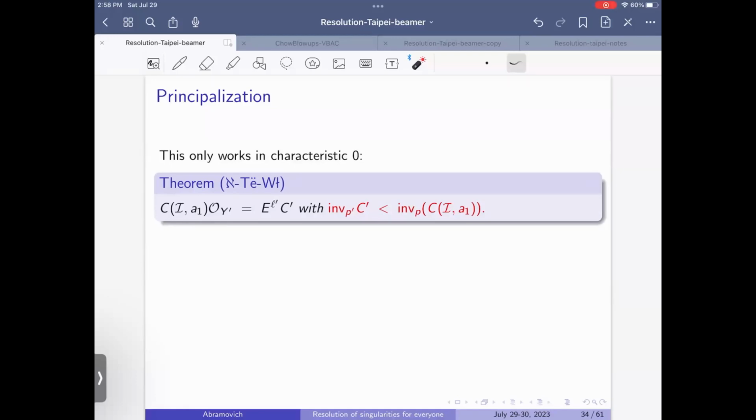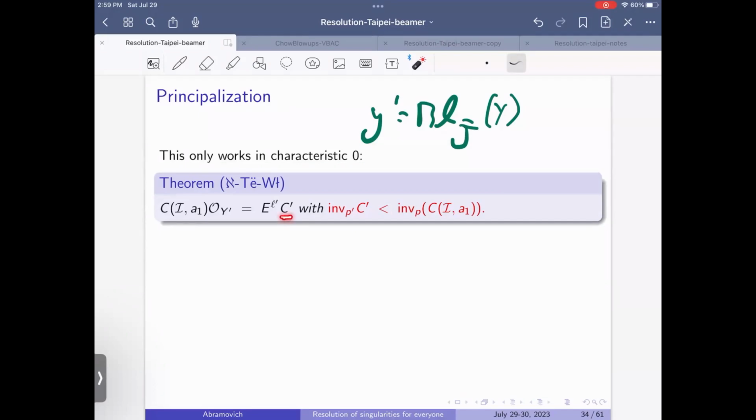If I take Y prime, there's one thing I need to tell you, and I'll tell you next time. Y prime is the blow up along the center of Y. And then the invariant of the coefficient ideal.